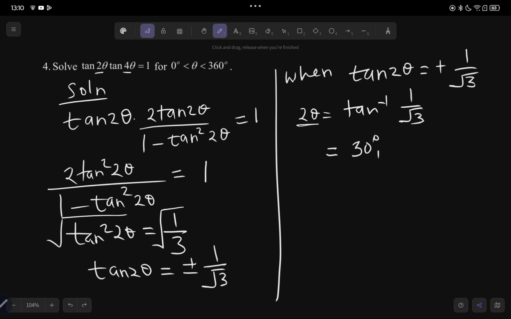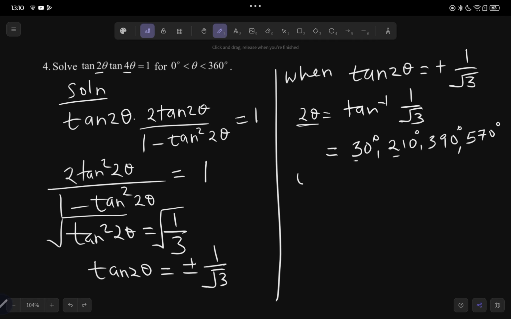Where again is tan positive? In the third quadrant, 180 plus 30 is 210. But we want to go for 2 cycles with 720. We add here 360, we get 390. And we add here 360, we get 570.